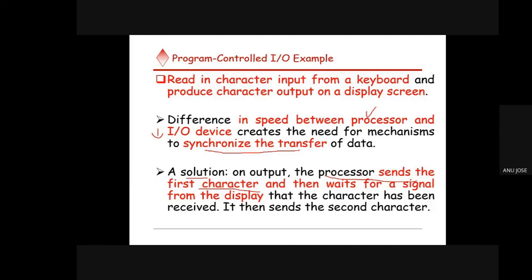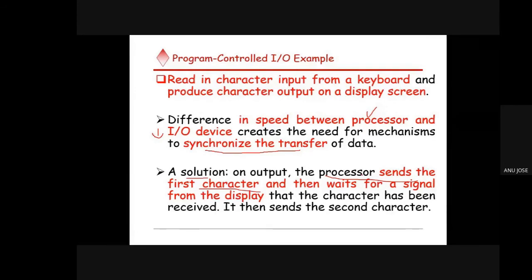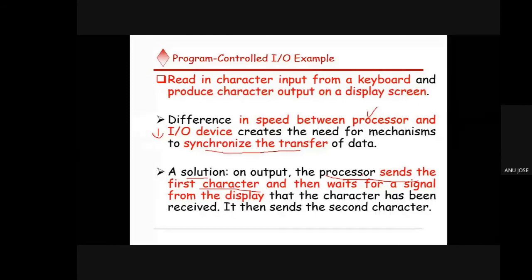Because of the speed mismatch, the processor sends the first character to the output device and waits for a signal from the output device that it has received it. Only when the processor gets a signal back will it send the second character. That was an acknowledgement scheme.